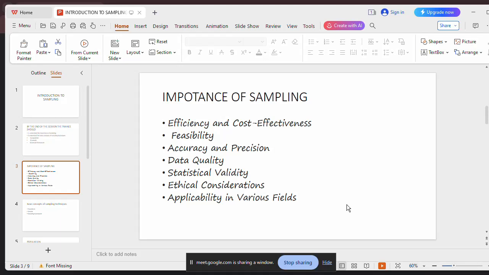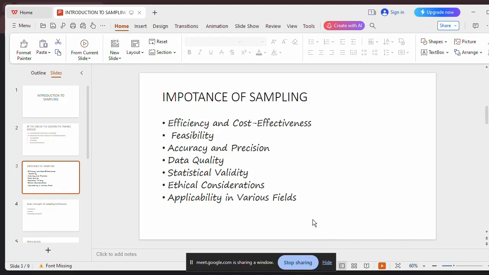Yes, another thing is number three. When we say accuracy, Mr. Rono, when you pick a sample, it helps you to represent the entire population by providing accurate and representative data. And precision means it gives you exactly what you needed.